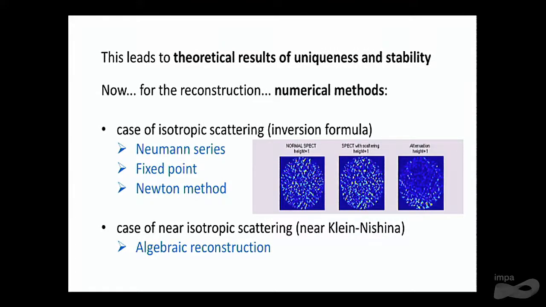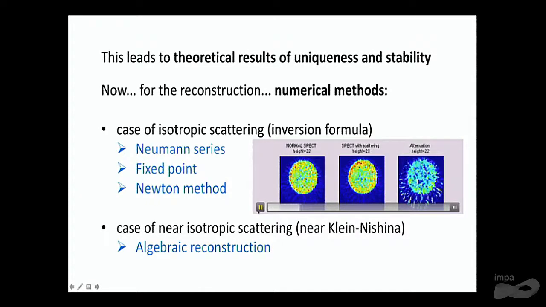Now, what about reconstruction? For reconstruction, you need numerical methods. We have implemented a lot of different methods. The first one based on theory is the Neumann series. Also some fixed point methods, but we don't have the theoretical convergence of these methods, some Newton methods, and some algebraic reconstructions.